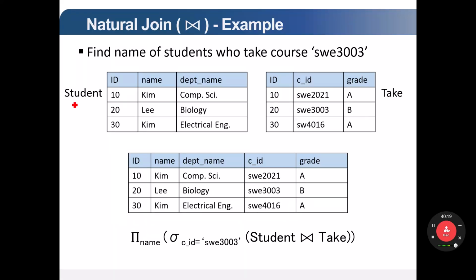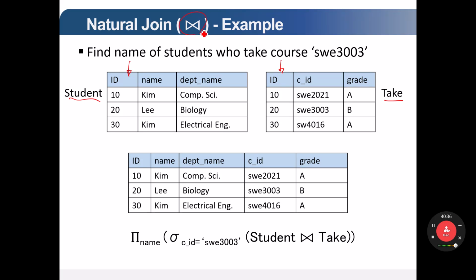So consider we have a student table and takes table. And let's look at attribute ID. This is the common attribute. Other than ID, we don't have any other common attribute. Okay?